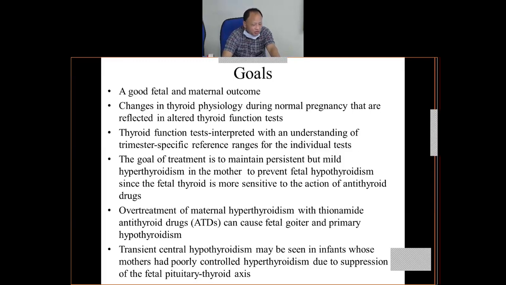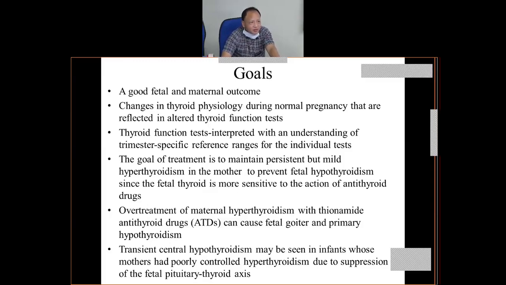However, before treating a patient with hyperthyroidism in pregnancy, you have to know that there are certain changes in thyroid physiology during normal pregnancy that are reflected in altered thyroid function tests. The thyroid function tests are supposed to be interpreted with an understanding of the trimester-specific reference ranges for the individual tests.